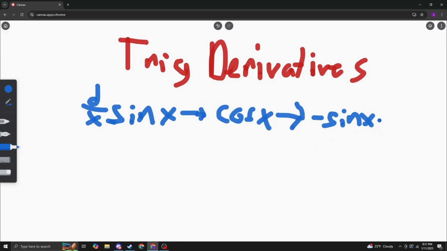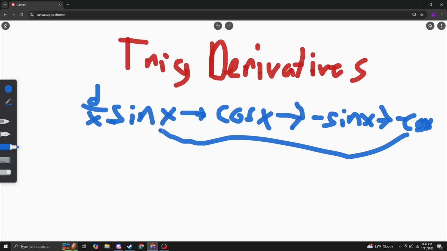The derivative of negative sine of x is negative cosine of x. And the funny thing about this is the derivative of negative cosine of x is sine of x, so they go in a loop. So if you just keep differentiating them, it'll be sine of x, cosine of x, minus sine of x, minus cosine of x, and right back to sine of x.